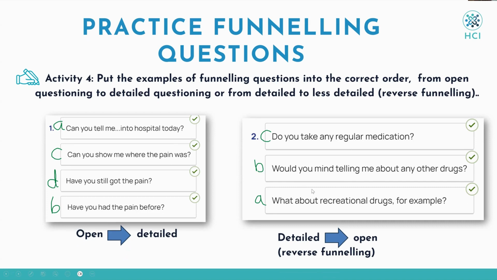Then the order here, you need B followed by C. So we're asking this open question about any other drugs. And then recreational drugs is an example of these other drugs. So it needs to go C, B, and then A. So good job, those of you who got C, B, A.